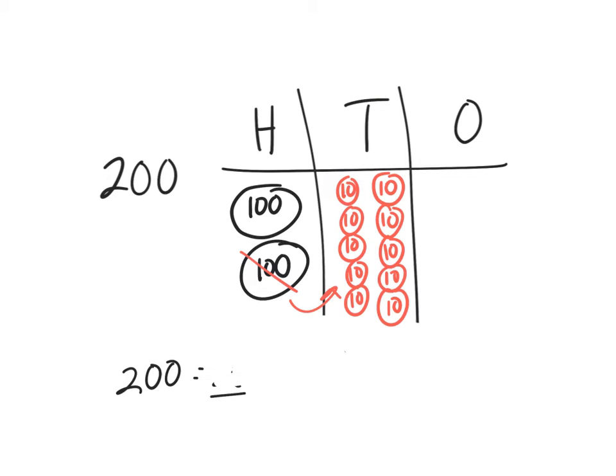Now, I have over here 100, so I'm going to write that. 100, and I have 10 tens. That is still the same as 200. 100, 10, 20, 30, 40, 50, 60, 70, 80, 90, 200. There would be 100 plus another 100 is still 200. I could even break this down even more.